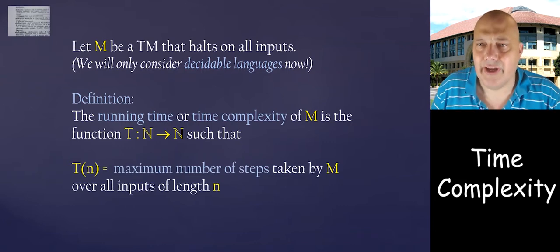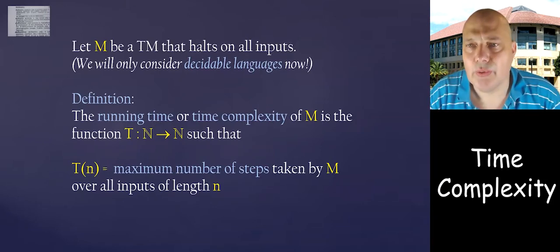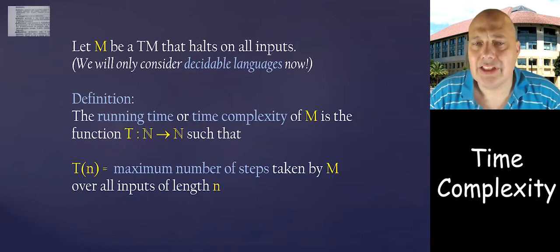And T of n is the maximum number of steps taken by M over any input of length n. So this means that if the time complexity is T of n, the machine M will never take more than T of n steps on any input of length n.